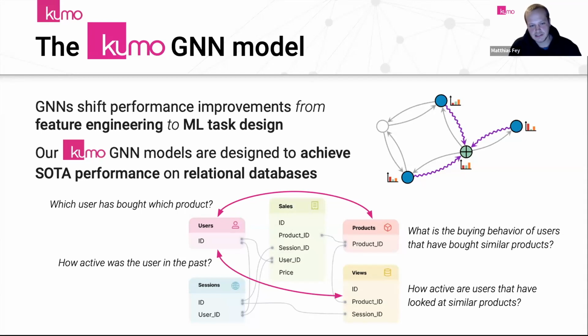And what that means is that a GNN on relational databases needs to fulfill two major things. The first one is that it needs to treat time as a first-class concept, because time directly dictates which facts, or events, you aggregate within your GNN, how far away they are in the past, how they relate to each other, and so on.